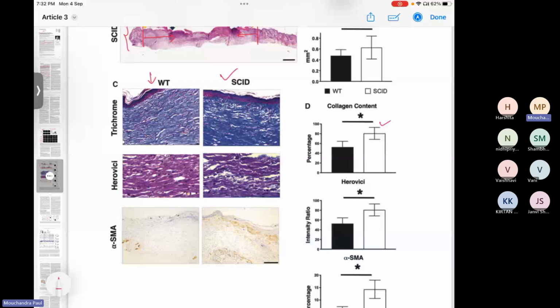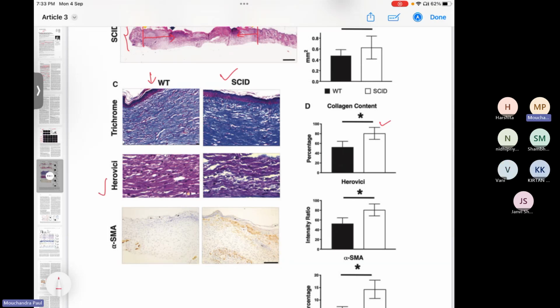And this collagen they form bundles later on. So initially they are just randomly spread. As the tissue matures, they organize themselves into collagen bundles. How much collagen bundle formation has taken place is observed through this dye, here we see.